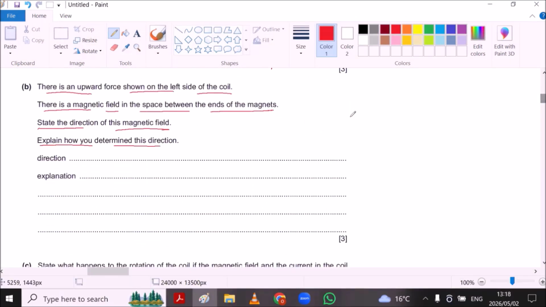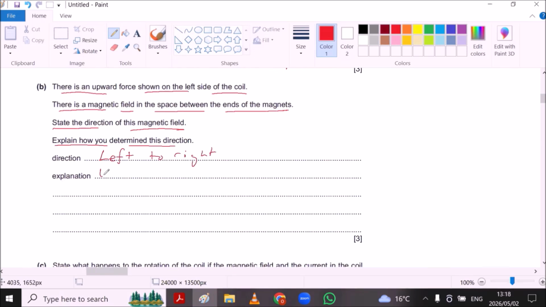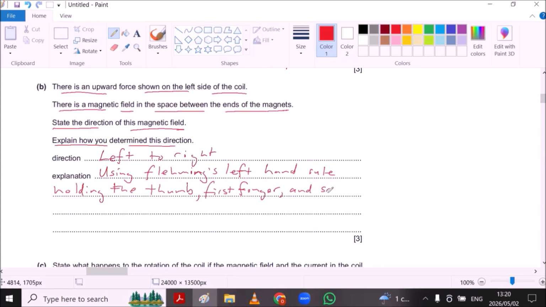So to answer the question, state the direction of this magnetic field. It's from left to right. Explanation: using Fleming's left-hand rule, holding the thumb, first finger, and second finger at right angles.